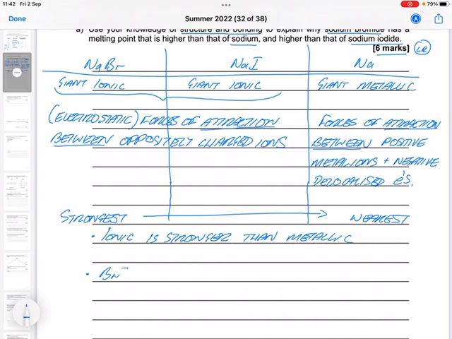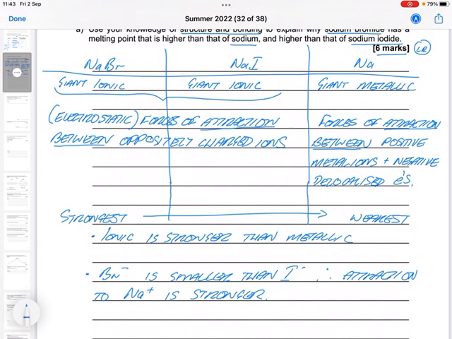So bromide is smaller than iodide, therefore attraction to the Na plus or the sodium ion is stronger. So that's probably going to hit all 6 of the marks.